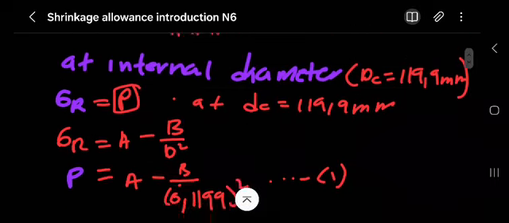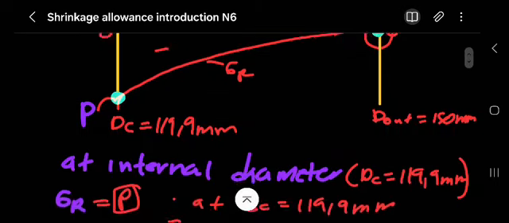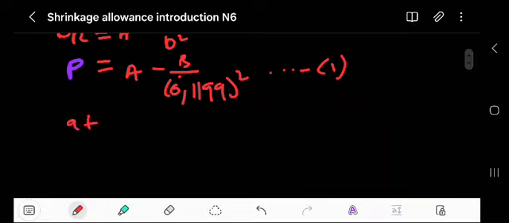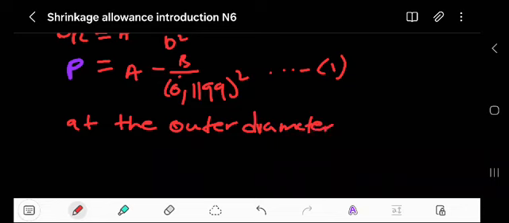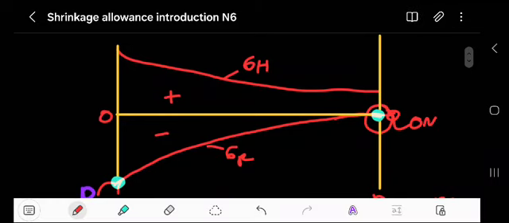Then what about what we know? At the outer diameter, which is 150 millimeter, the radial stress is 0 megapascal, as you can see here.